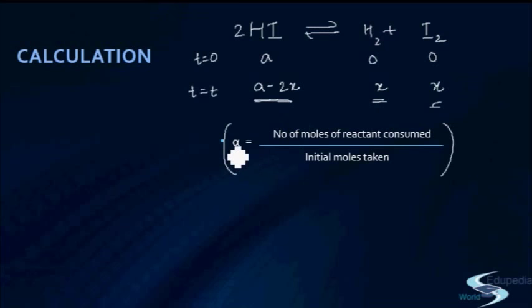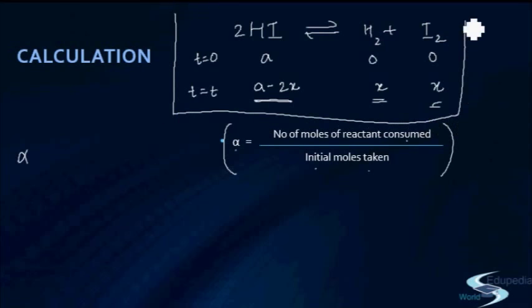Now how do I calculate alpha? See the formula. Alpha is defined as the number of moles of reactant consumed divided by initial moles taken. So at any time t, if I want to define alpha for this reaction, the degree of dissociation of my reactant HI is going to be equal to the number of moles of HI consumed.